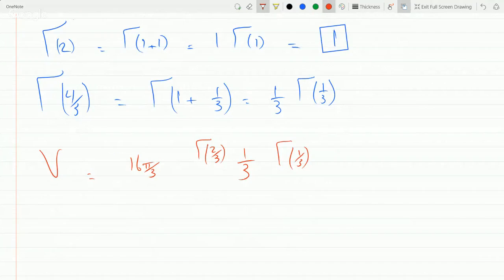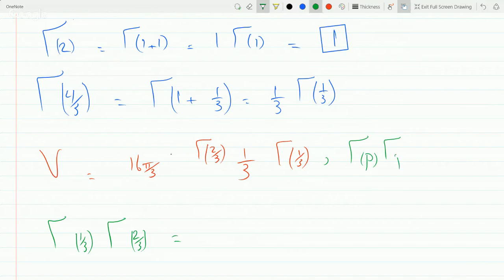Let's see if we could manipulate these using 1 minus 1/3 is 2/3. So gamma of 1/3, gamma of 2/3, because look, gamma of p, gamma of p minus 1 is equal to pi over sine p pi.